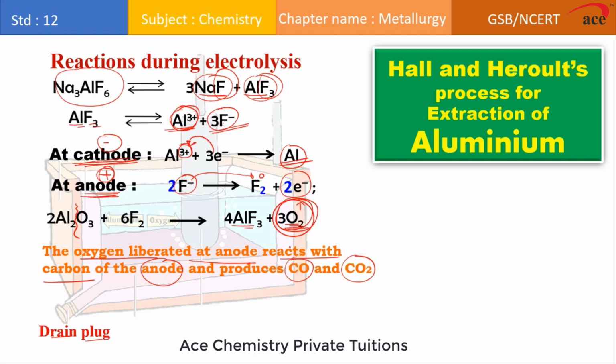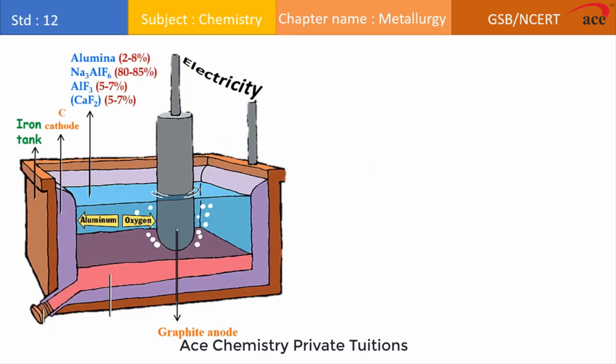So it is very important for us to replace the anode from time to time. Approximately, we can say that for production of 1 kg of aluminium, half a kg of anode is consumed.